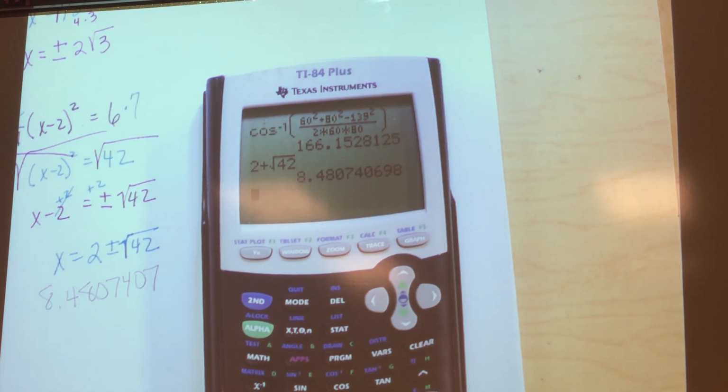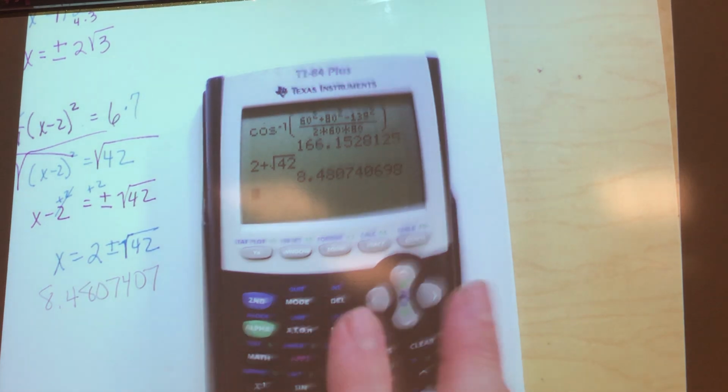That number right there. Okay? Pretty cool, isn't it? X-intercepts, solutions, zeros, answers, and roots.